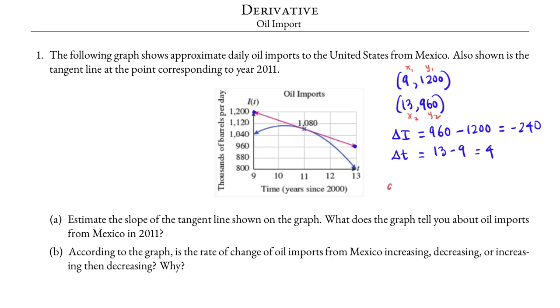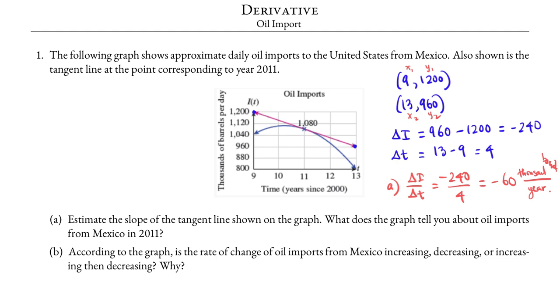For part A, the estimate for the slope of the tangent line is the change in I over the change in t, or negative 240 over 4, which will give us negative 60. The unit for this rate is 1000 barrels, which is the unit of the numerator, over the unit of t, which is time in years.